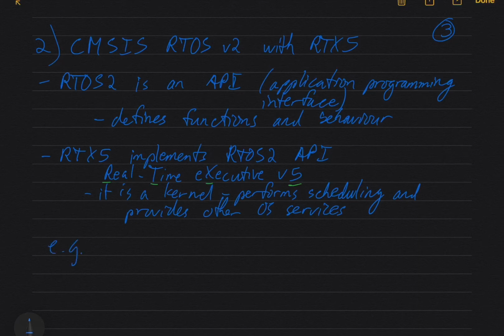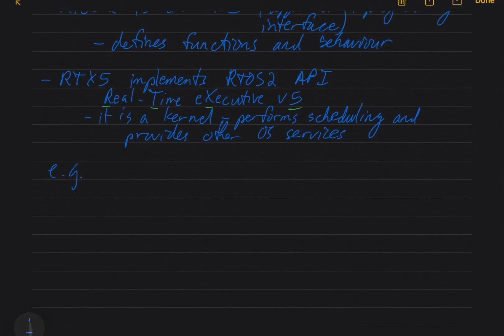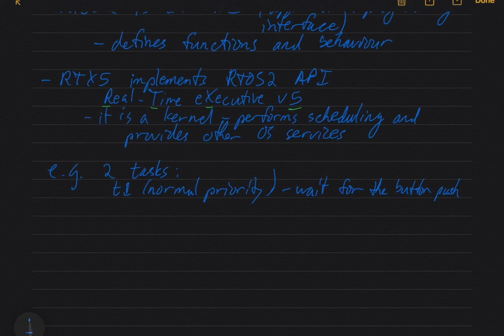So we're going to look at an example now, a real example that you can compile and run on the simulator. This example has 2 tasks. I've simplified it a bit. It's big enough as it is. And so task 1 has normal priority, and it's going to wait for the button push, and then it'll just print something out.